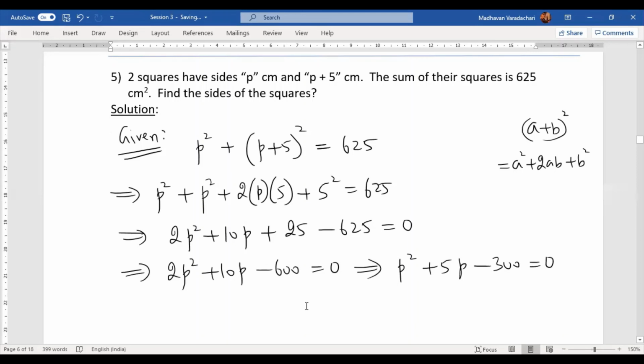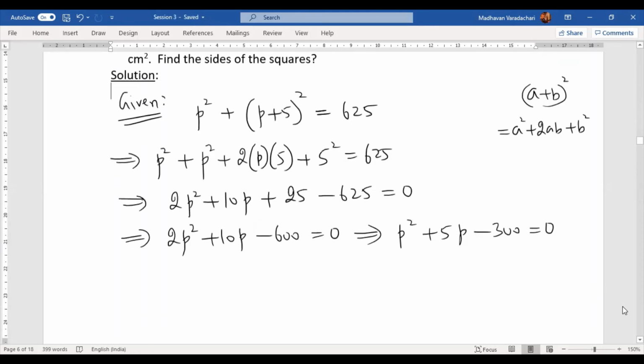Again, I can think about factorizing it. So if I want to factorize, I may think about two numbers which, if I add, should give you 5, and if I multiply, should give you negative 300.